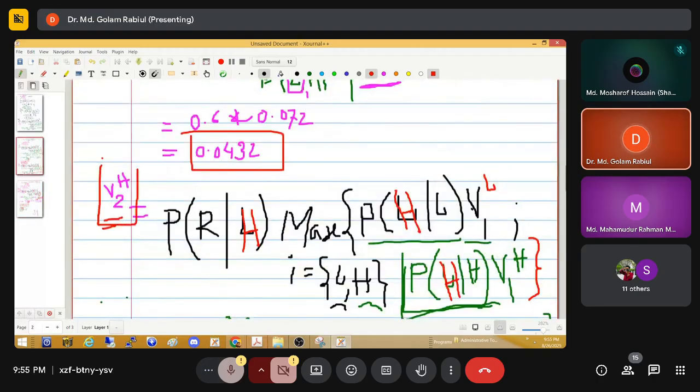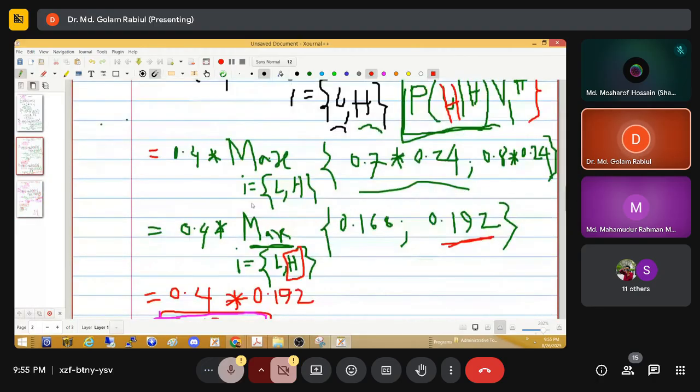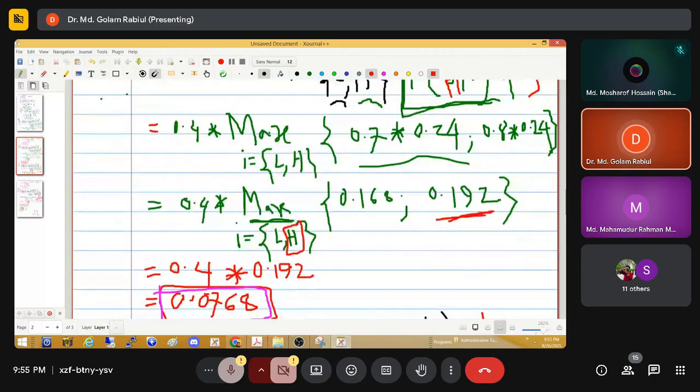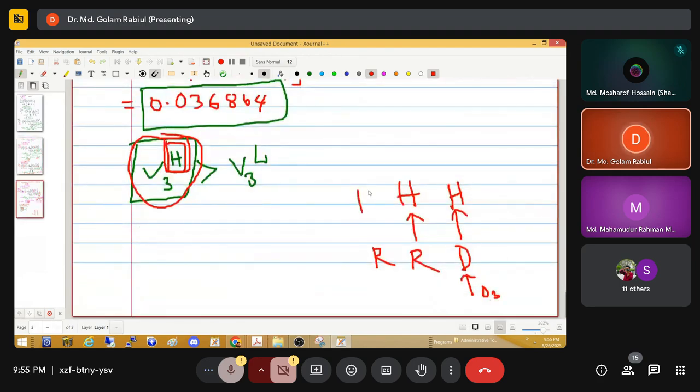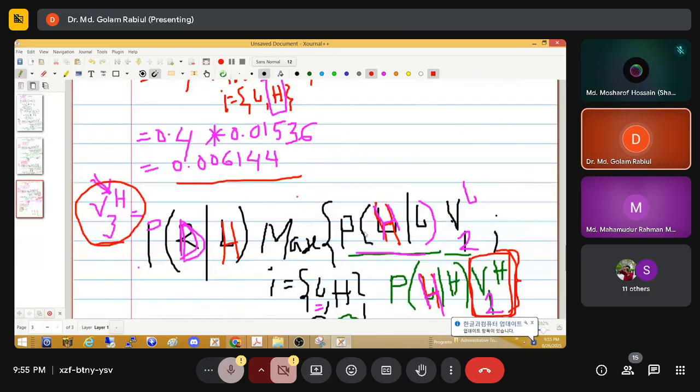Here, this is V2H. And for the V2H, which one is maximum? This one is maximum. And this maximum we got from where? For this value of I, the H. So that means we have to write H here.